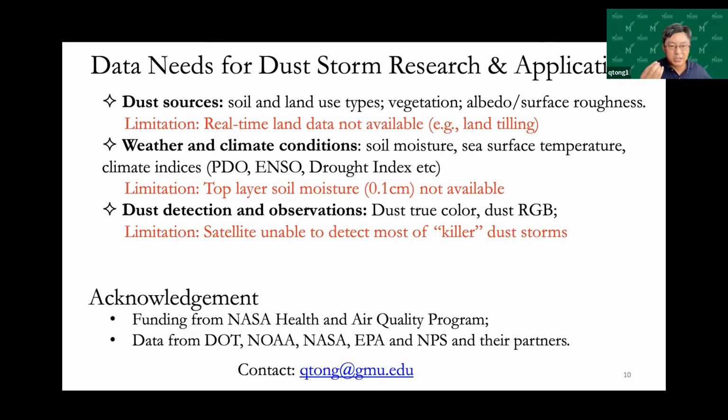The other one is dust detection. Satellites are unable to detect most of the smaller killer dust storms, which I hope with TEMPO and the newer sensors we will get better results, but it has a way to go. Okay, so I will end my talk here. Thank you very much for your attention.